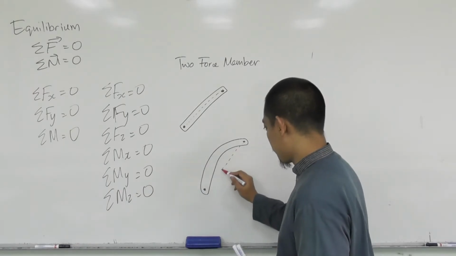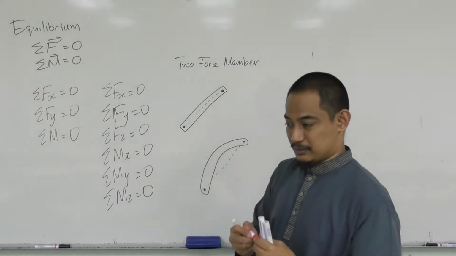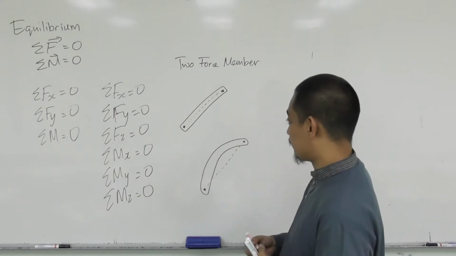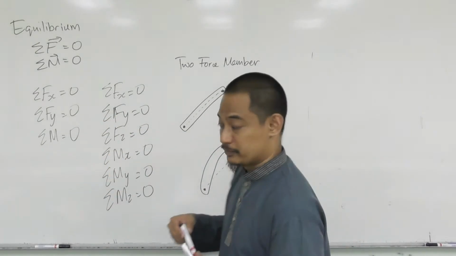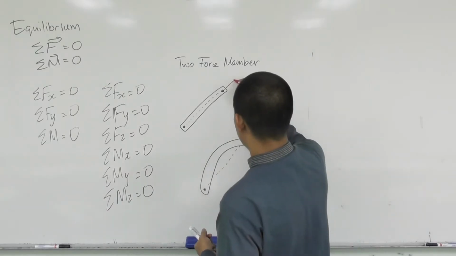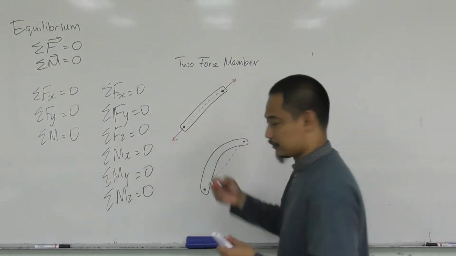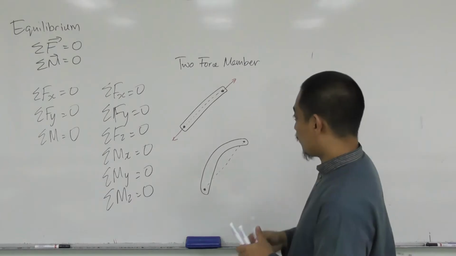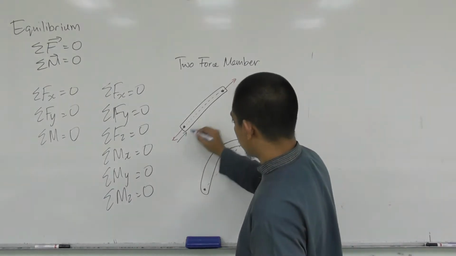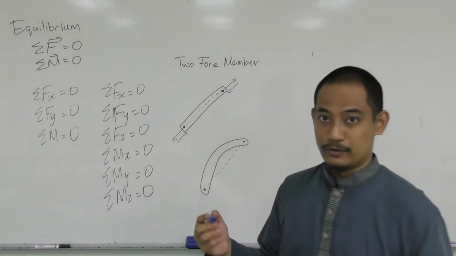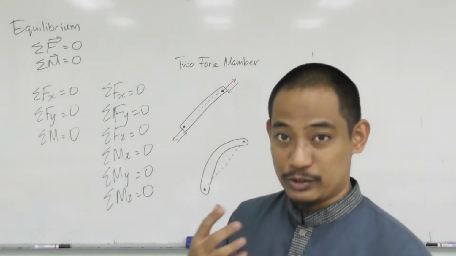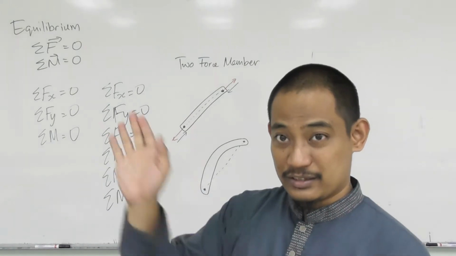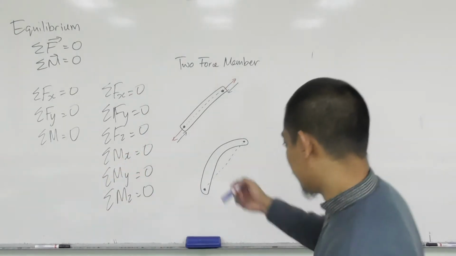Similarly here. Only in that circumstance will you have summation of force equal to 0 and summation of moment equal to 0, right? So we can have the possibility of the force in tension or the force in compression. It's either or, right? And when you solve the problem, sometimes you have to assume whether it's in tension or compression, right? Similarly here.